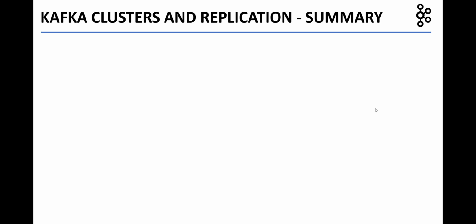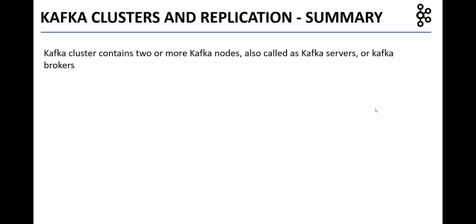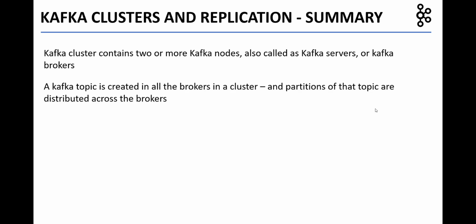So that's all for Kafka clusters for now. Remember that Kafka clusters contain 2 or more Kafka nodes, which are also called Kafka servers or Kafka brokers. A Kafka topic is created in all the brokers in a cluster, and partitions of that topic are distributed across the brokers.